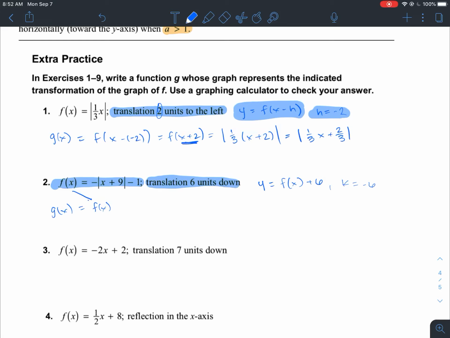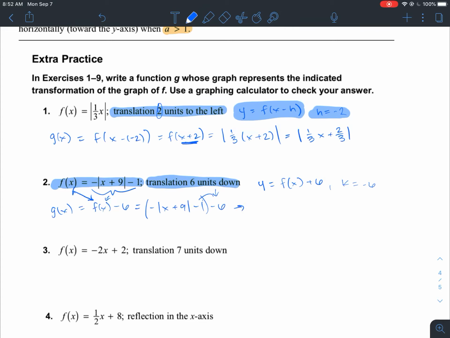Remember, this is f of x right here. And then we're saying we want to shift this function down 6 units, so minus 6. Okay, so negative absolute value of 9x plus 9 minus 1, and then we're going to say minus 6, right? This was our f of x, and this is our translation 6 units down.